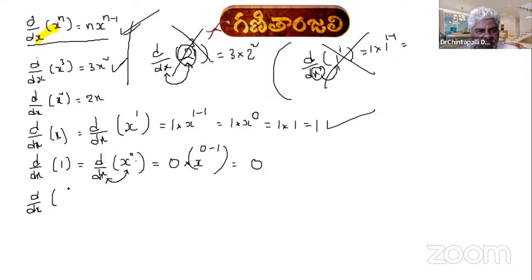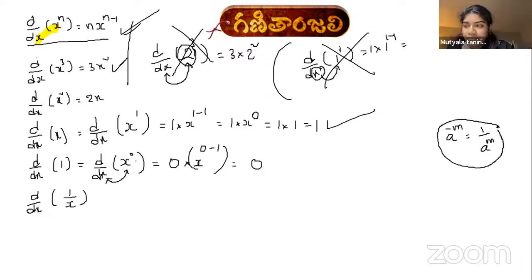derivative of 1 by x. You know this formula? A power minus m is equal to 1 by a to the power of m, and vice versa, 1 by a power m is equal to a power minus m. So 1 by x is d by dx of x to the power -1.